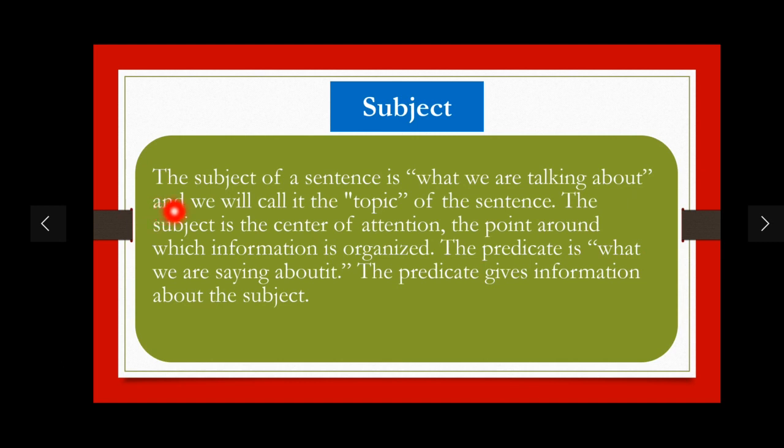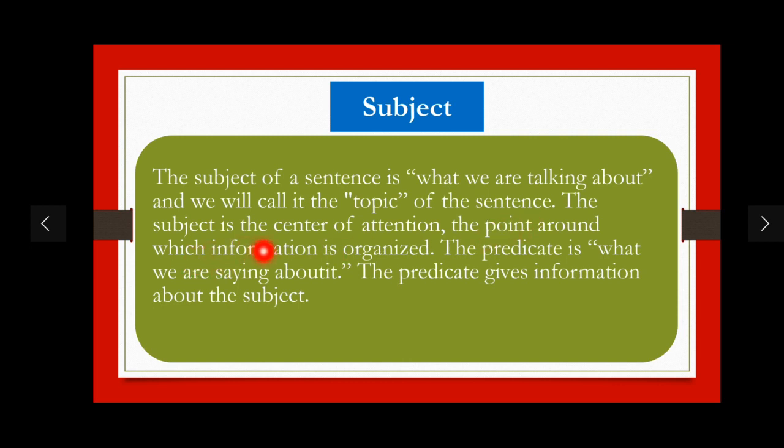Subject. The subject of a sentence is what we are talking about, and we call it the topic of the sentence. So in a sentence we have a subject, we have a verb, and we have other elements. The subject is called the topic because it is the thing that we are talking about.